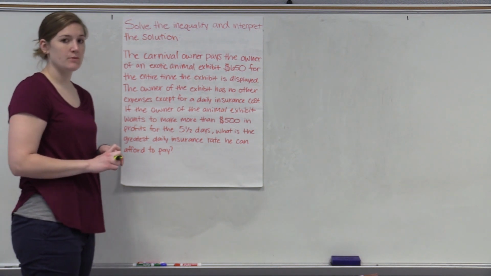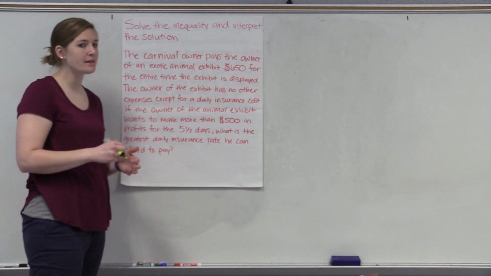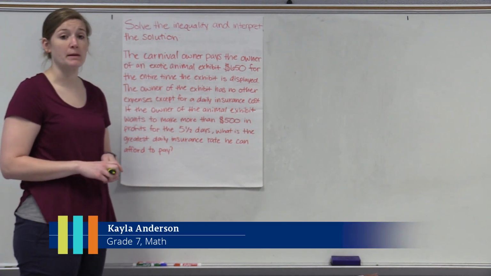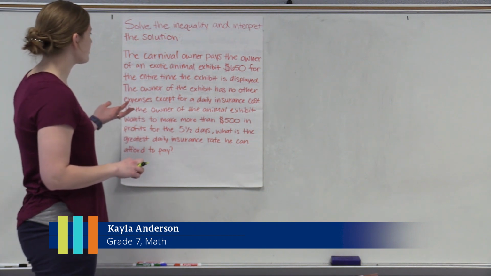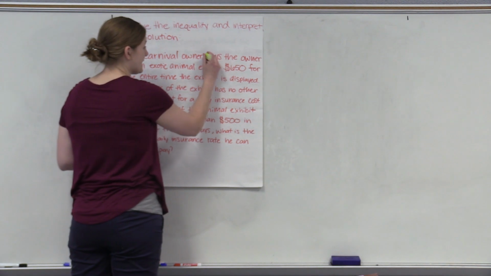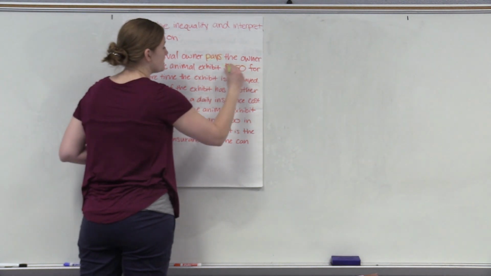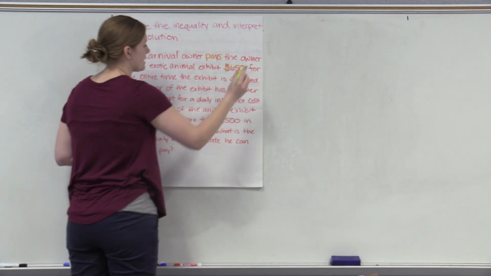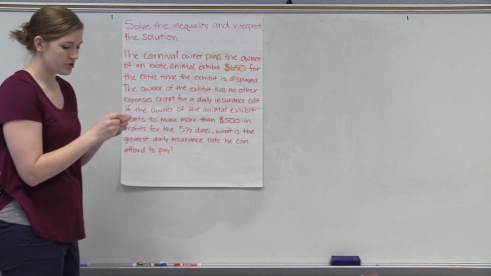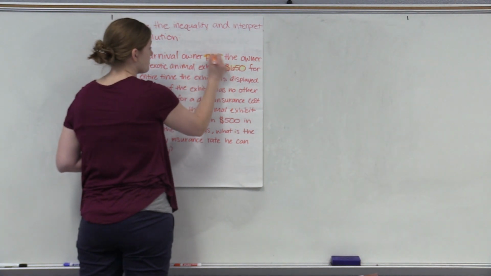Just like last time with our other two problems, it's a good strategy to go ahead and go through and highlight or write down the important information. So as we read through this, we know that the carnival owner is going to have to pay $650. Highlighter's running out a little bit. Pay $650 for the entire time that the exhibit is displayed.